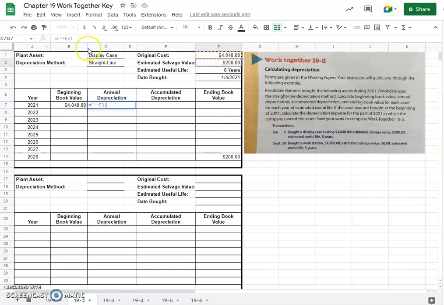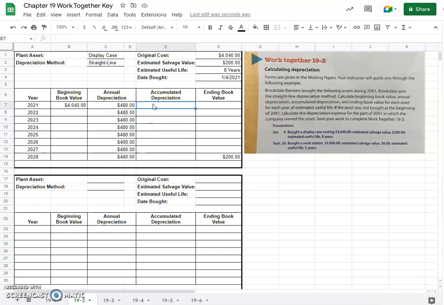And if we put that in parentheses, your spreadsheet will do that calculation first. And then we'll divide that by the number of years, 8 years. There's your formula. And that should be the same for every year. Right? Okay.